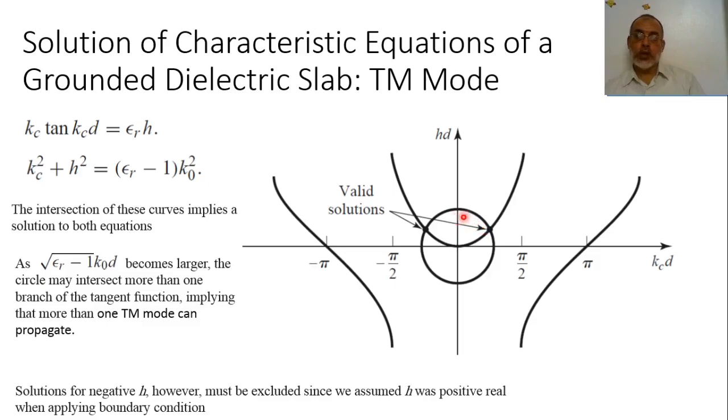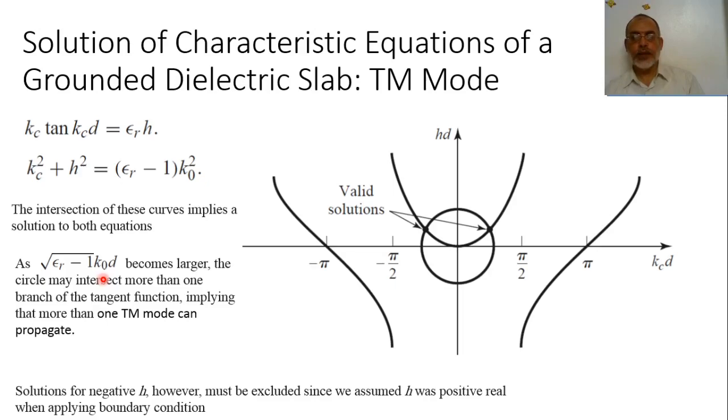We should look at this circle. Effectively, this circle in the Kcd and Hd plane has a radius of square root epsilon r minus 1 times k naught d. And effectively, k naught is omega over c, so it is 2 pi f multiplied by square root mu naught epsilon naught.